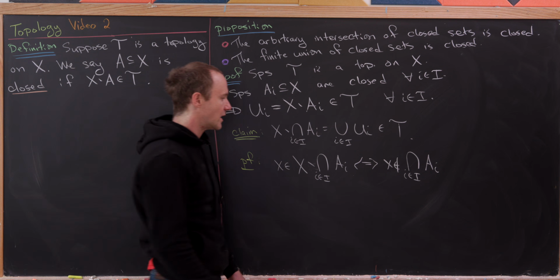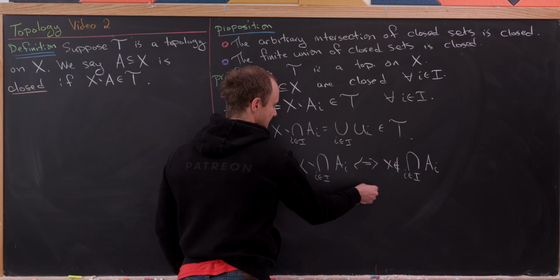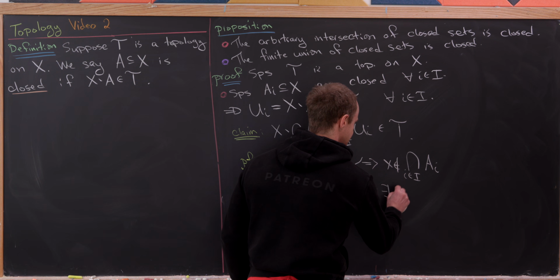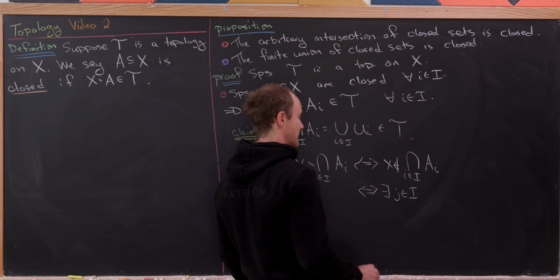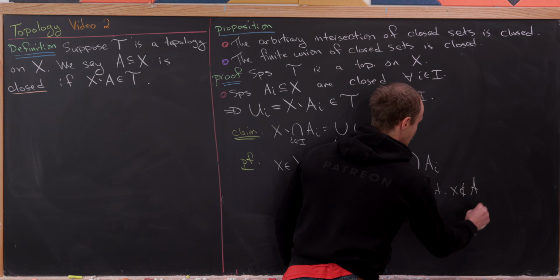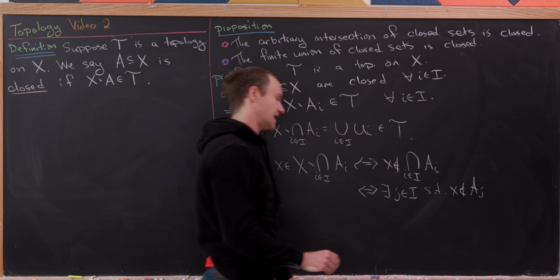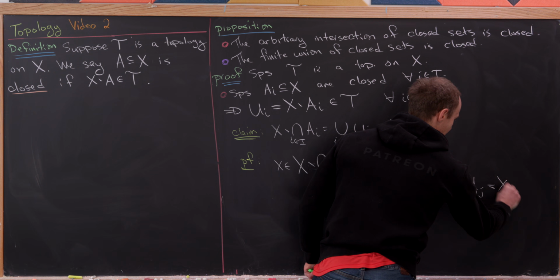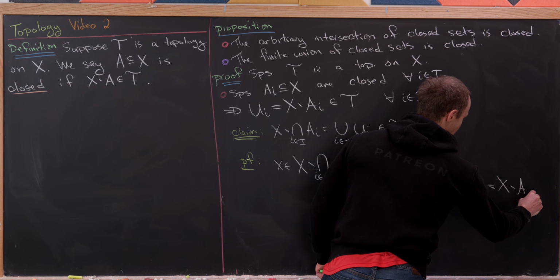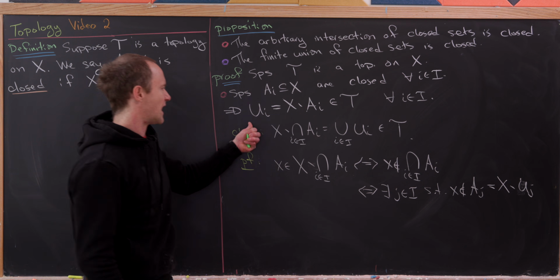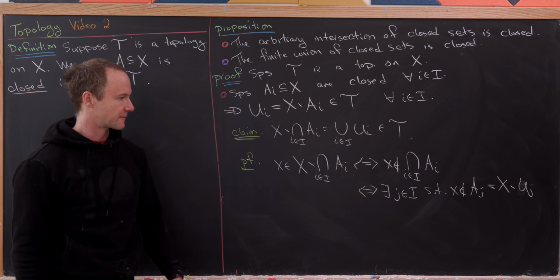Okay, but what does it mean to not be in an intersection? Well, you're not in an intersection if there exists some j from the indexing set such that x is not in A sub j. But let's recall that A sub j is X minus U sub j. And that's just by flipping this around right here.